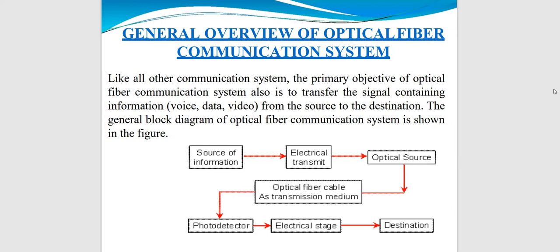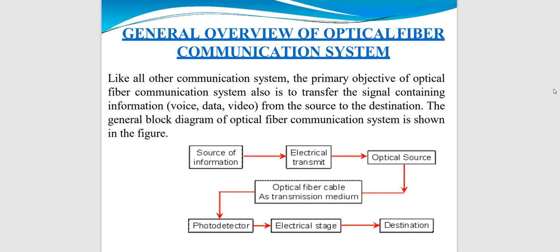This light signal travels through the optical fiber cable in the transmission medium and enters into the photodetector. In this photodetector we have phototransistors or photodiodes to convert the light signal to an electrical signal, and finally it reaches the destination point.